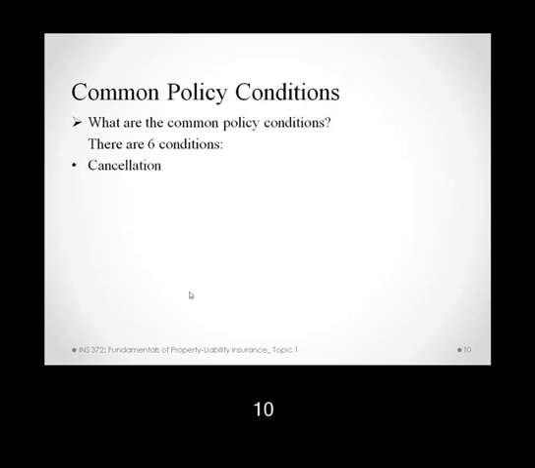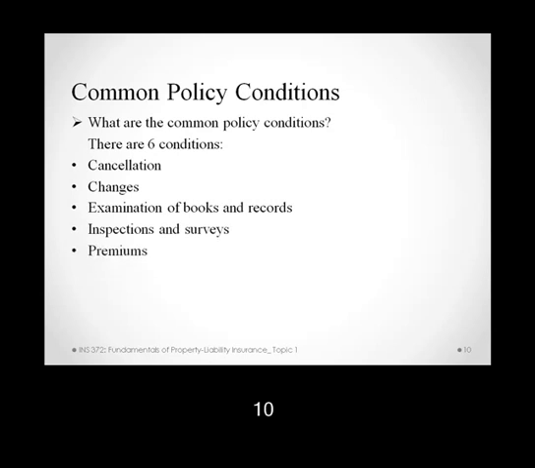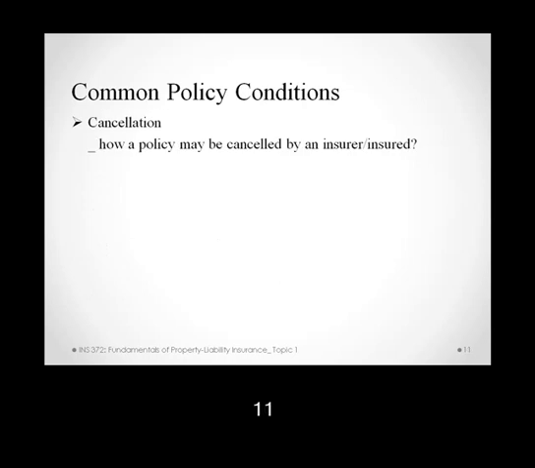First, there's cancellation, and second, how you can change the provisions of the insurance policy, and the rights that the insurance company has to inspect your books and records, the inspections and surveys, premiums, and transfer of rights and duties under this policy. Now we're going to talk about these conditions one after another. First, cancellations.